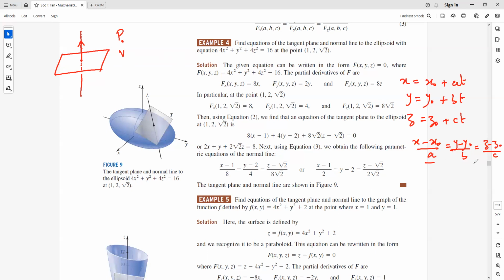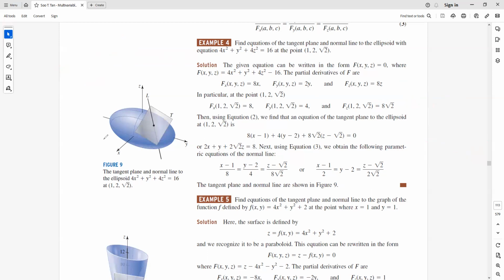So we have this vector a, b, c, that is the parallel vector to this normal line, and we have the point 1 comma 2 comma square root of 2, and we just need to plug these in here, and we are going to get this equation, that is actually the symmetric equation for the normal line, right? So this is how we find the equation of tangent planes and normal lines.